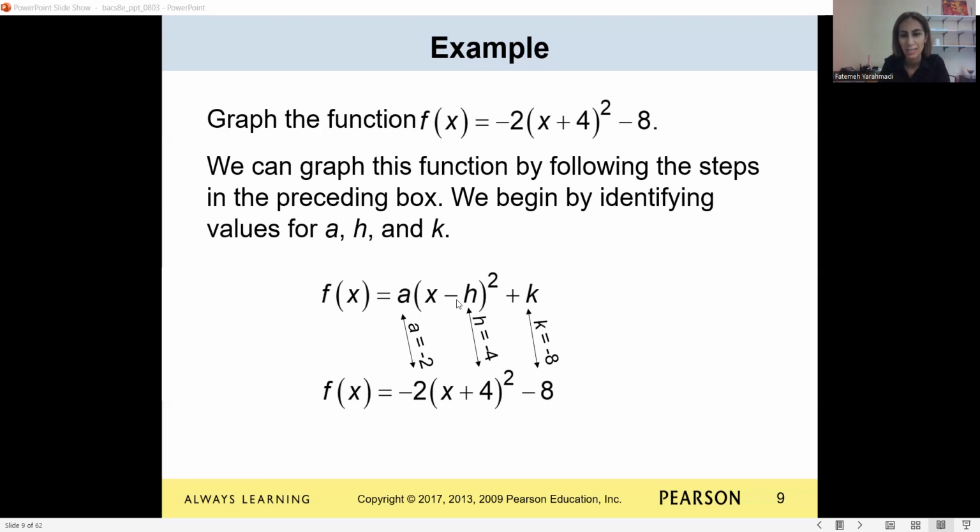Don't let these minus and plus signs confuse you. When you see x plus 4, it needs to have a minus sign in between x and that number, so this number was originally a negative number. When it comes to plus k, k is also a negative number.